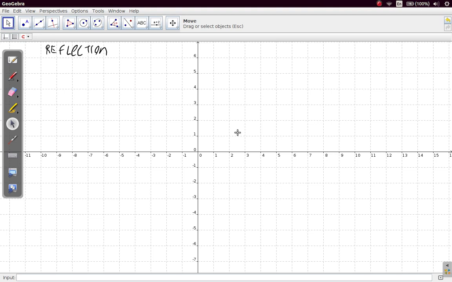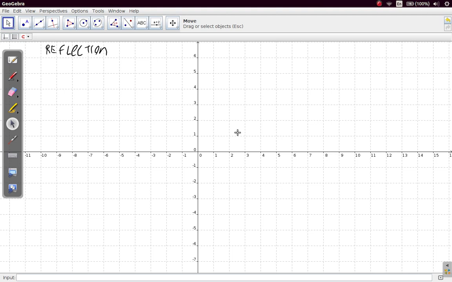Now, don't try to remember these matrices unless you have an extremely good memory, right? It's not so easy to remember the right matrix for the reflection over the right line.